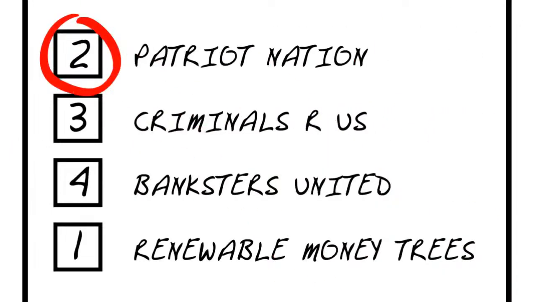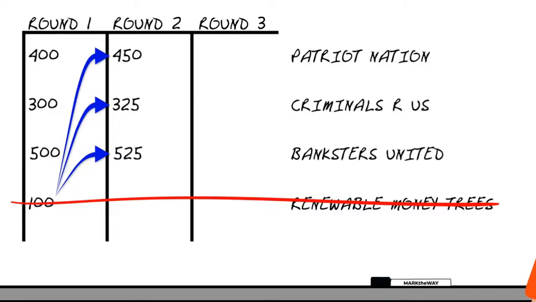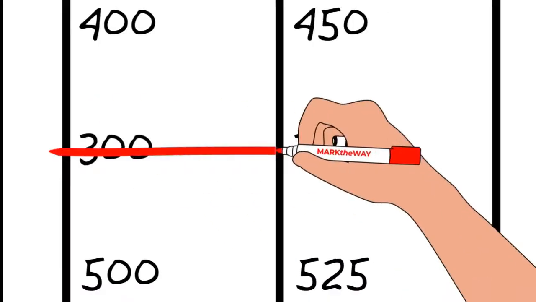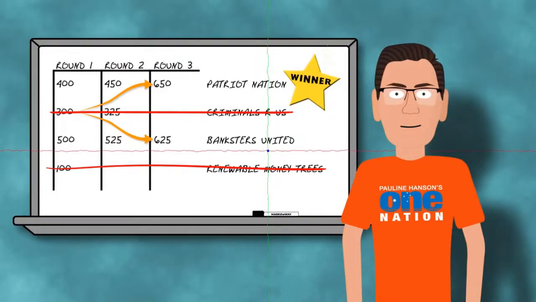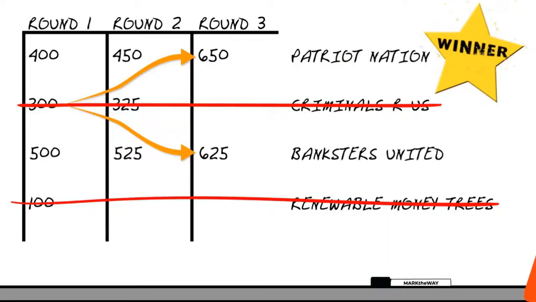The second preferences of the eliminated candidate are distributed to the remaining candidates. Now the next candidate with the lowest number of votes is eliminated and their second preferences are distributed. This process of elimination continues until just 2 candidates remain. The winner is declared based on who has the majority of votes. Once the result is clear, the Commission declares the successful candidate.